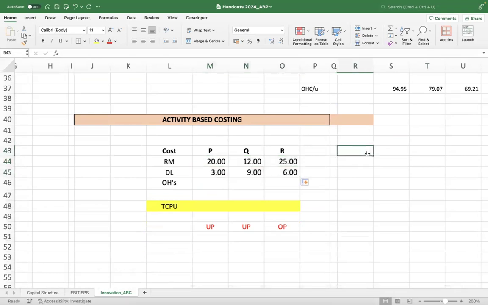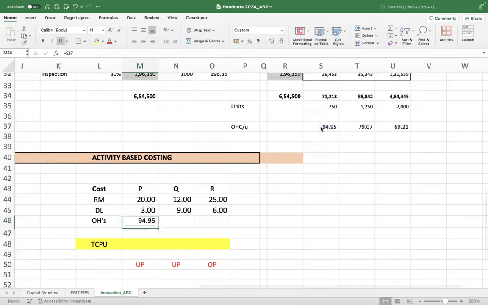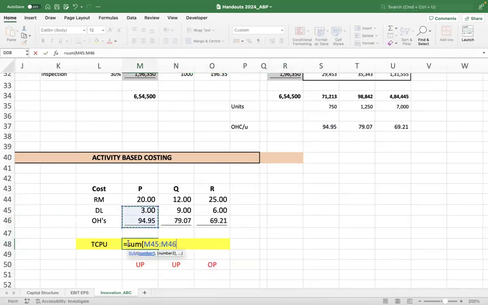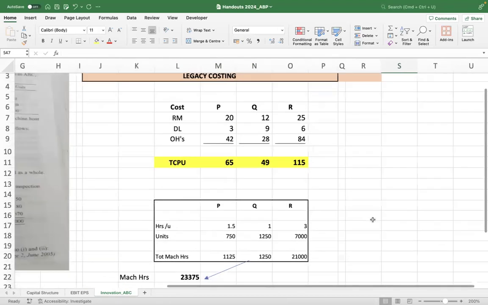The overhead cost per unit, which is now not arbitrary but accurate. So now we can get your total cost per unit, which is 117.95, 100.07 and 100.21.